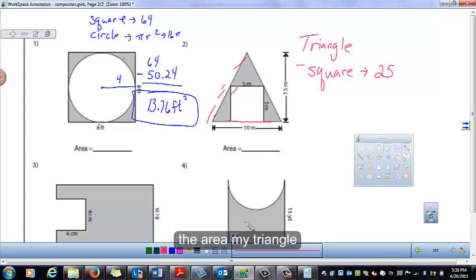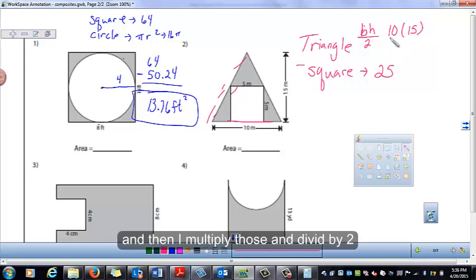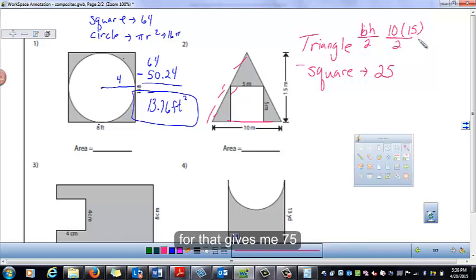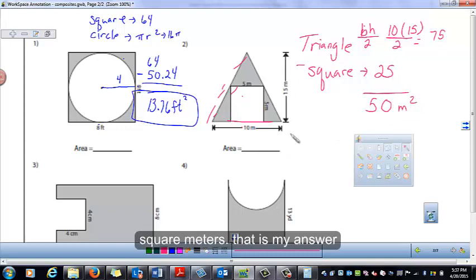The area of my triangle is base times height divided by 2. My base is 10, my height is 15, and I multiply those and divide by 2, so that gives me 75. And then I subtract this time. So that gives me 50 squared meters. That would be my answer for that one.